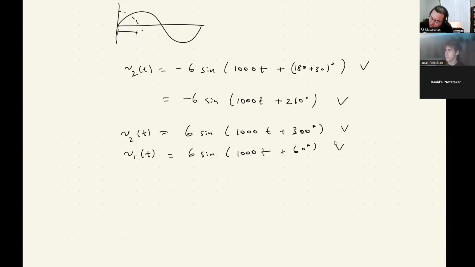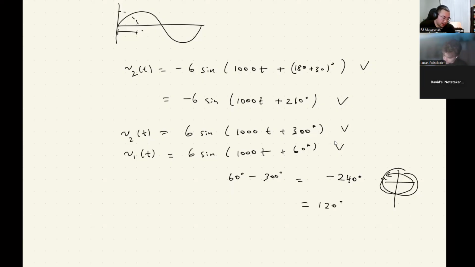In essence, we take the reference angle and subtract off the next angle, and we find that this is minus 240 degrees, which, if you look at the whole circle, if I go from 0 to minus 240, is actually the same as 120 degrees. So these two functions are 120 degrees apart.